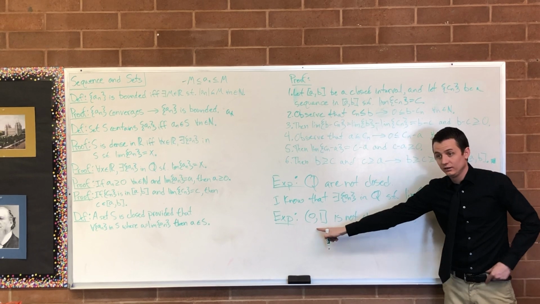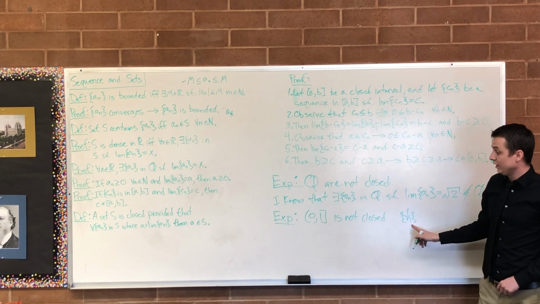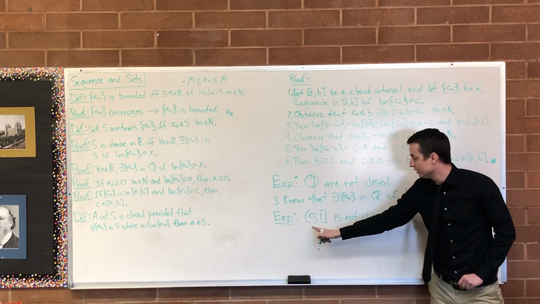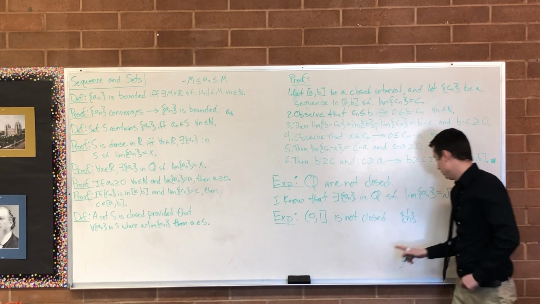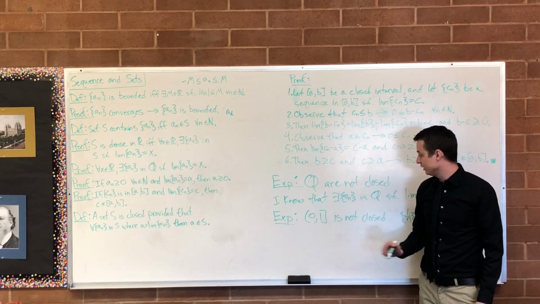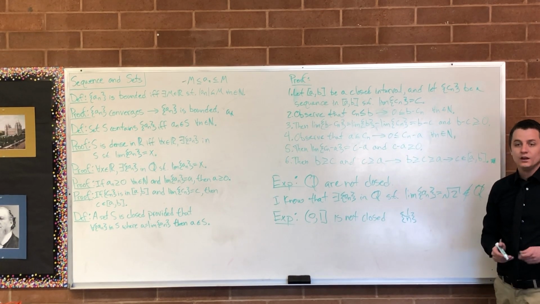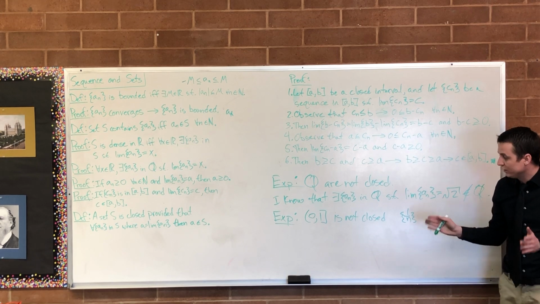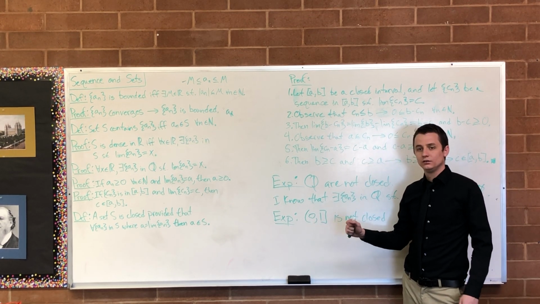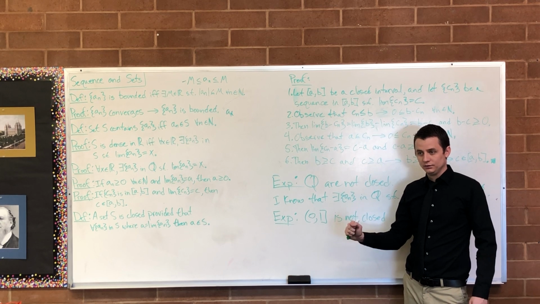This sequence is in there. Every term in this sequence is greater than 0 and less than or equal to 1. Therefore, every term in the sequence is in there. However, what does this converge to? 0. 0 is not in there. Therefore, this set is not closed. It's only closed if every sequence that's in here converges to a point in here.